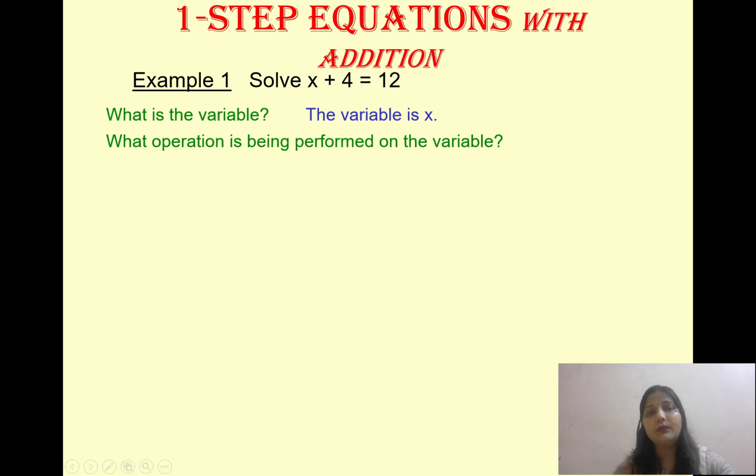So to find the value of x, you need to subtract 4 from both sides. What will the answer be? If we subtract 4 from both sides, the answer will be 8. Is it clear for you?